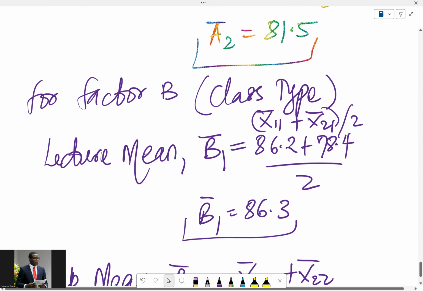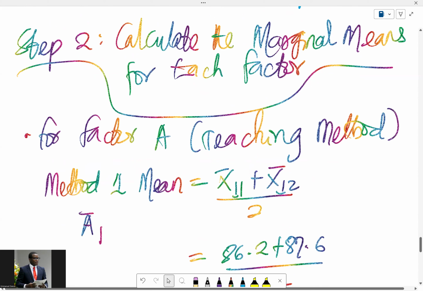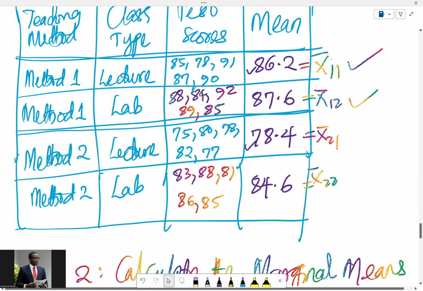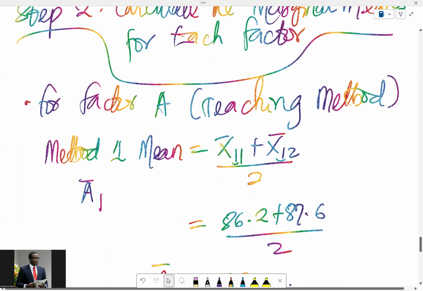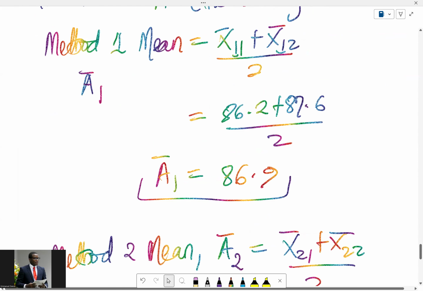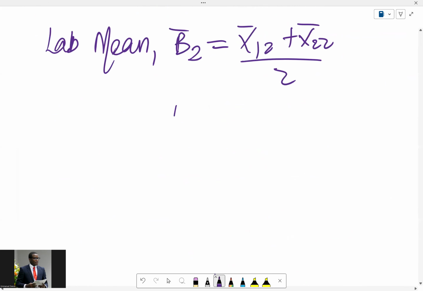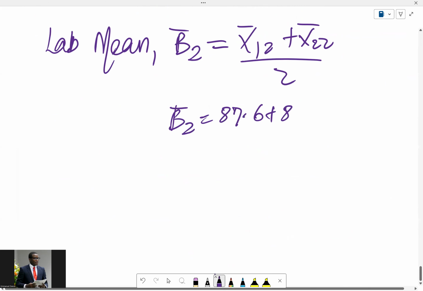Then X12 is 87.6, and that's this and this now. 87.6 plus 84.6. So B2 bar is 87.6 plus 84.6 divided by 2.